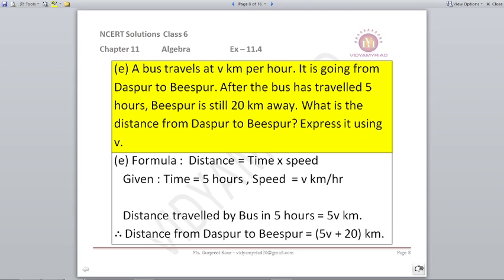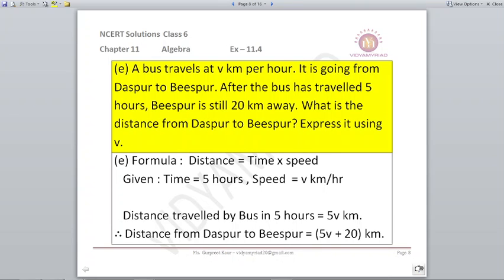A bus travels at V km/h. It is going from Daspur to Bijpur. After the bus has travelled 5 hours, Bijpur is still 20 km away. What is the distance from Daspur to Bijpur? Express the units in V. Now for finding out this distance, we know distance formula is time into speed. Now time given to us is 5 hours.